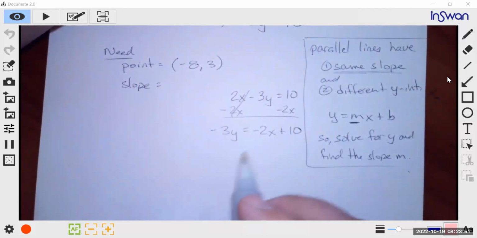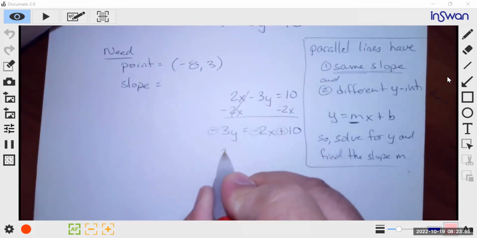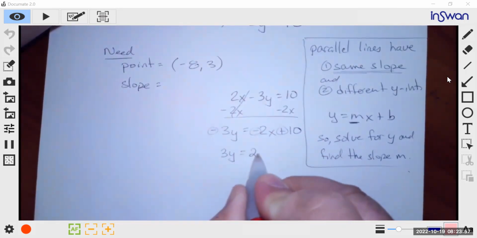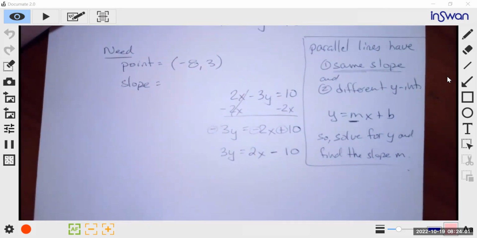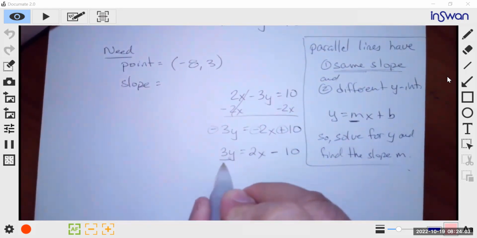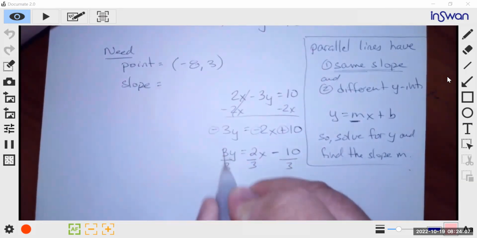There's a negative in front of the y, so I change all the signs. And I divide by 3 each term.